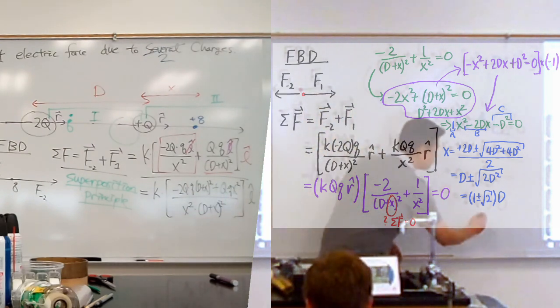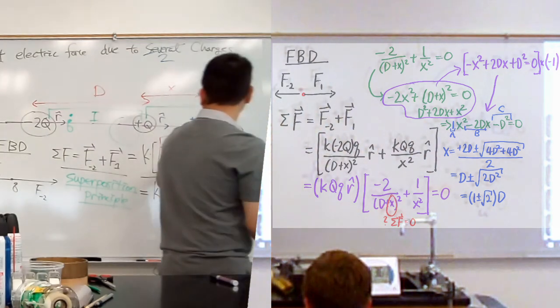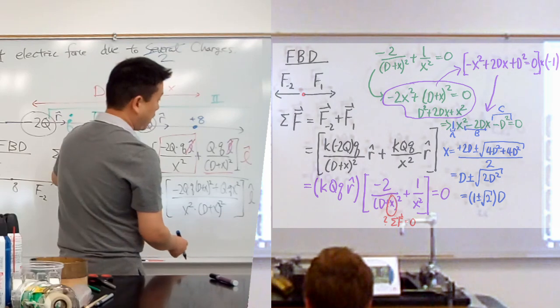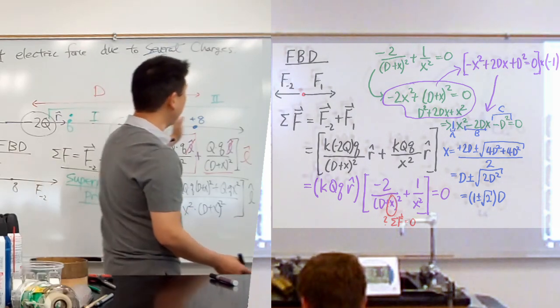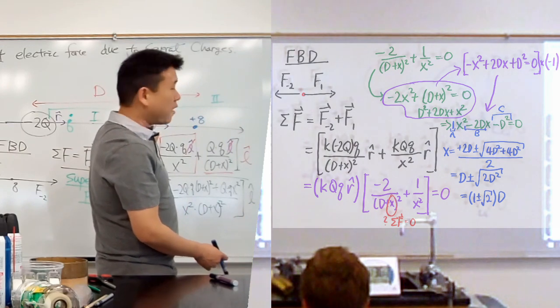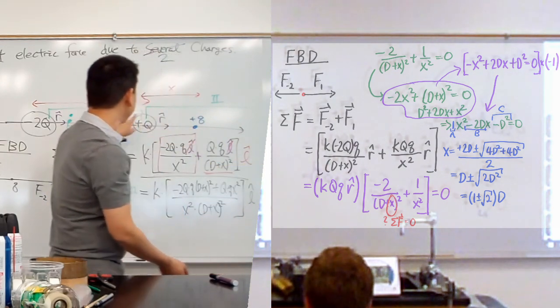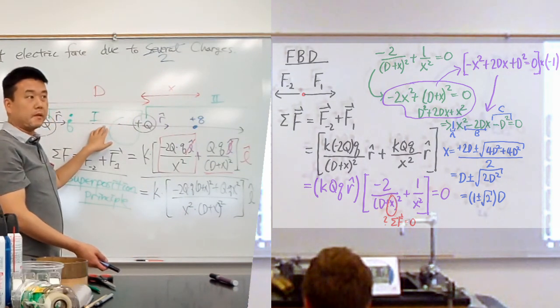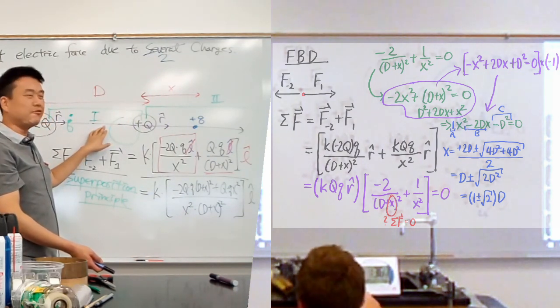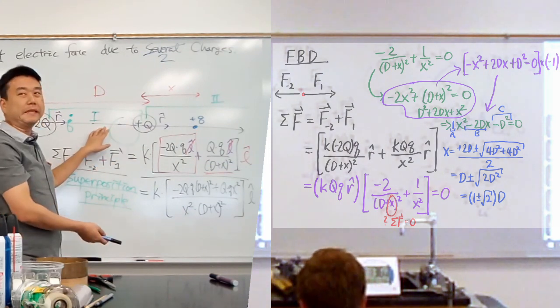The square root of 2 is about 1.4, so either this charge is at a distance of about 2.4 from this point here, or if we got a negative answer, that would mean it's over here. But we already ruled that out, right?